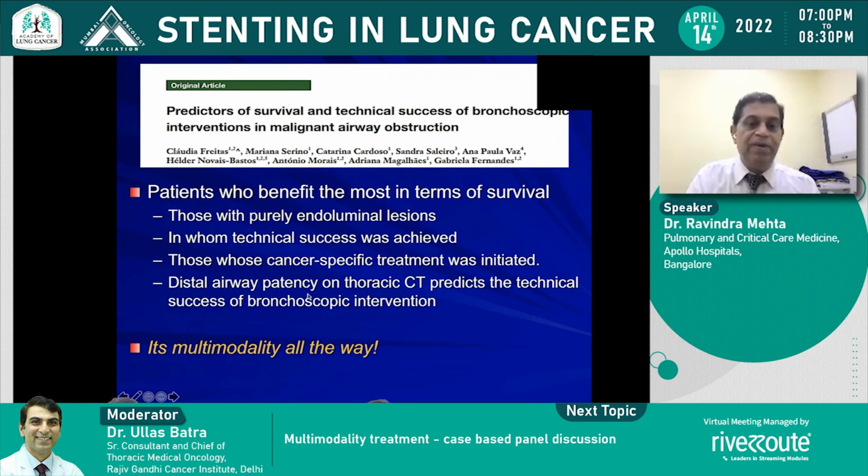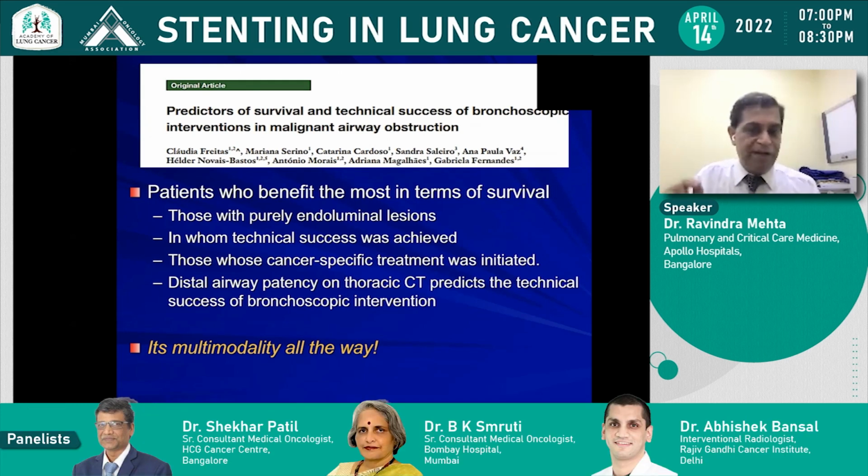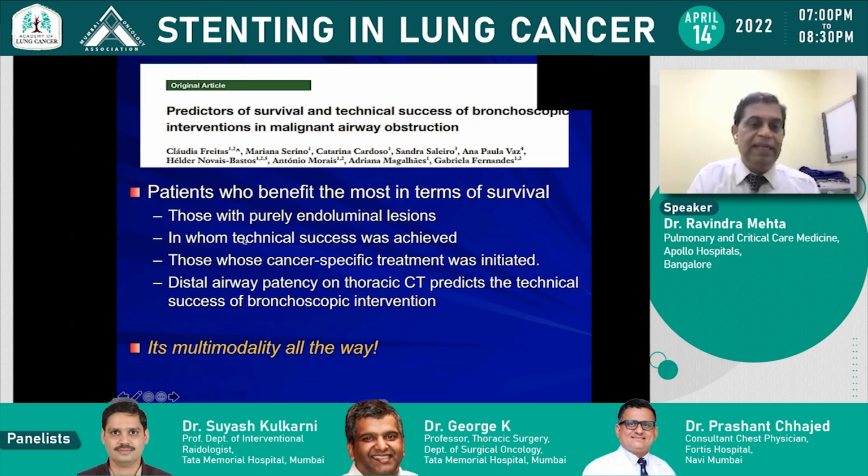And distal airway patency on thoracic CT predicts the technical success. We extended that to bronchoscopic opening. We paused and showed you that where the distal airway opens is where you have success of a true nature, which is patient beneficial. Understand that is why between radiology, oncology, and technical pulmonology, it's multimodality all the way.